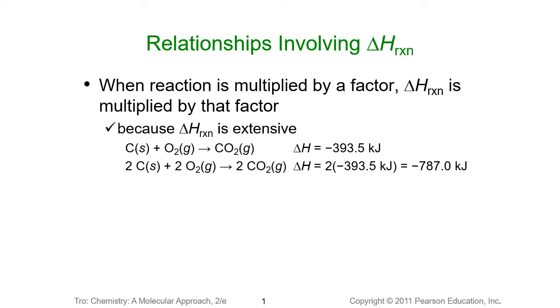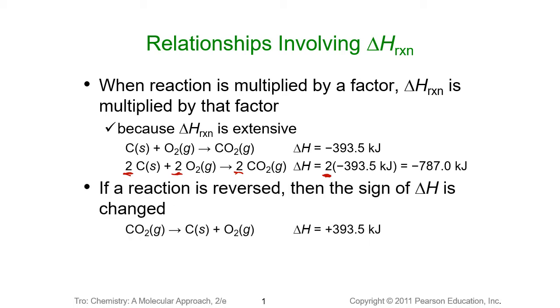So if we multiply a chemical reaction by a factor, we also multiply the enthalpy by the same factor. In our example, we are multiplying carbon plus oxygen giving carbon dioxide by a factor of 2. When we multiply the reaction by 2, we also multiply the enthalpy by 2.